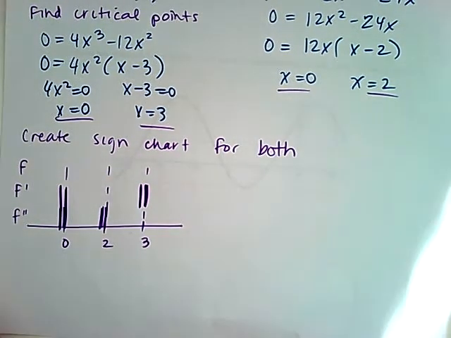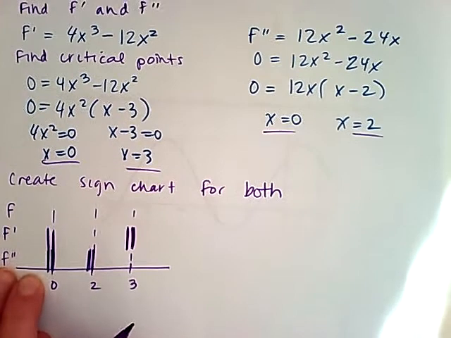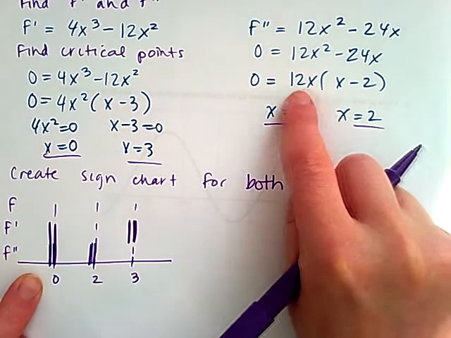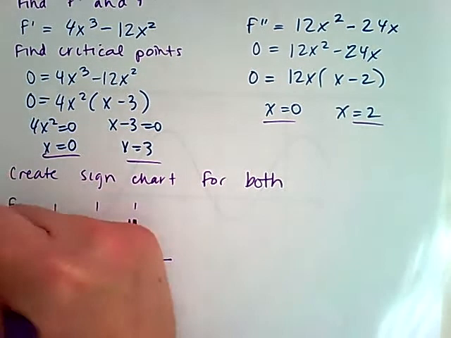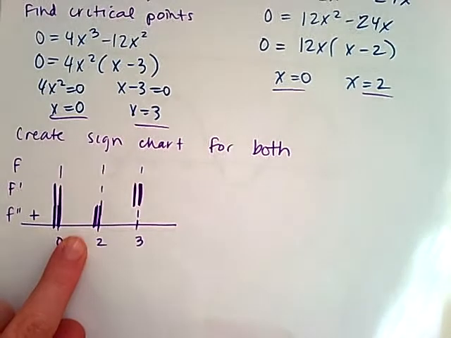Okay, let's see what happens. It doesn't matter where you start, so I might as well start at the bottom and work my way up. For the second derivative, when we're less than 0, I plug in, say, negative 1. This is negative, and the other factor is also negative, so I get something positive. On the interval between 0 and 2, I plug in, say, 1.